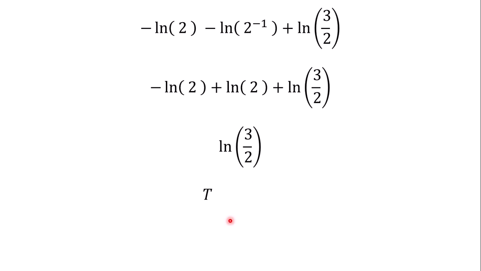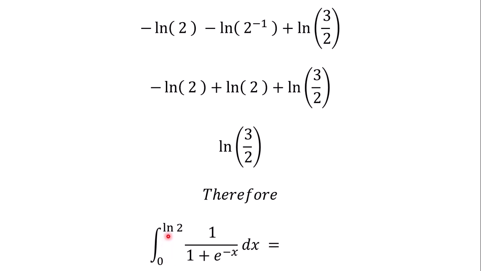Therefore the integral from 0 to natural log of 2 of 1 over 1 plus e raised to the power minus x dx is now equal to natural log of 3 over 2. Natural log of 3 over 2. Yeah, so that is the answer to this integral question here.